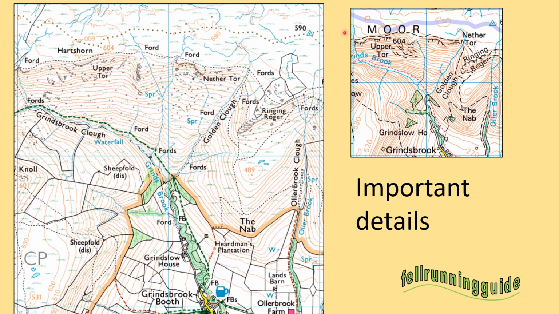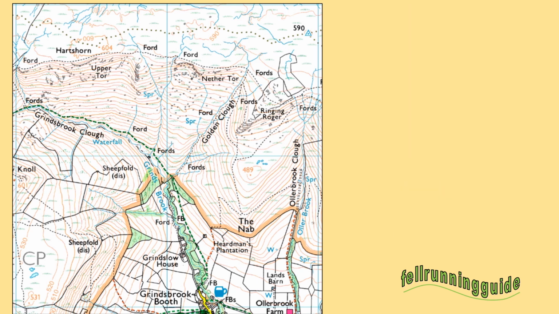So obviously we can get much more detail in a 4 centimetre square than we can in a 2 centimetre square. So we as runners need to decide how much detail we want from the map that we're using. So what details are we talking about?